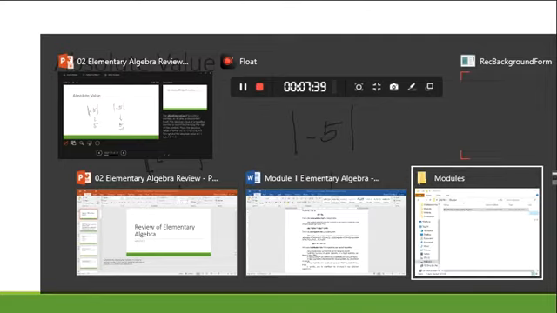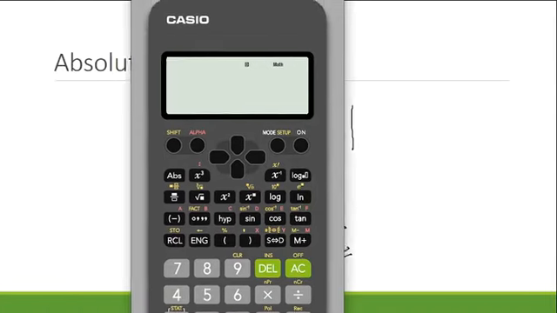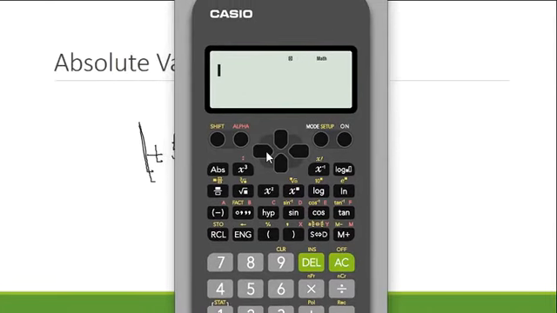Now, on our calculators, do we have that feature as you can see on our screen? Itong calculator na sinisimulate ko ngayon ay yung FX-82 and 350 ES Plus. Let's say I have negative 5. In our calculators, ang absolute value dito ay itong abs.